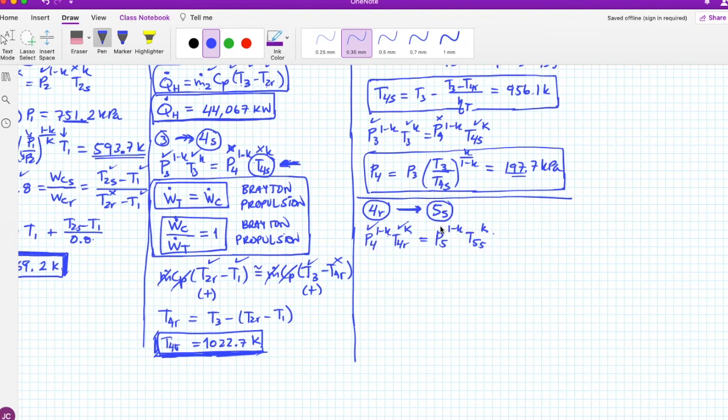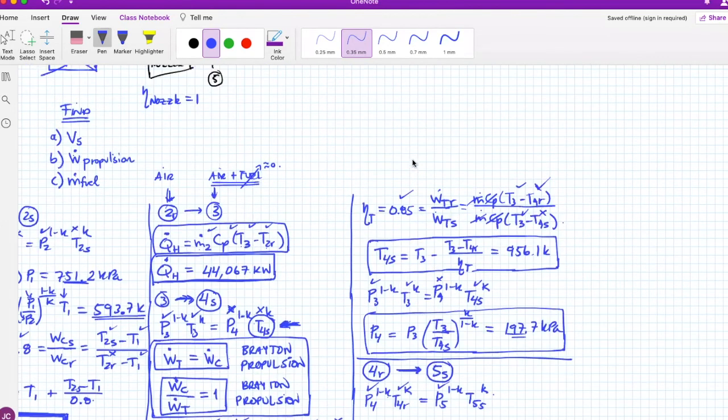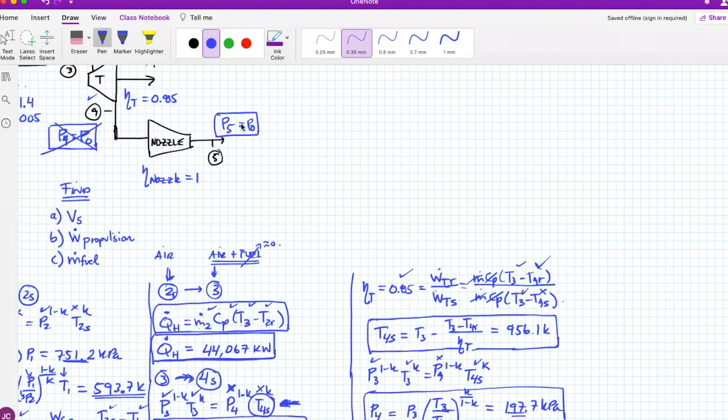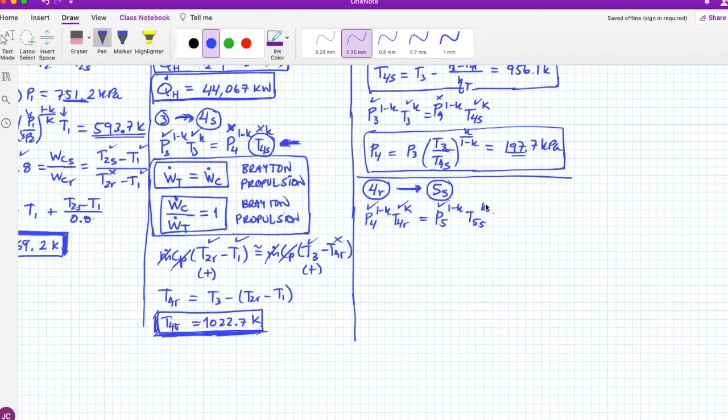P5, you have it. How do you know that? Well, nobody has actually told you this, but P5 equals P0, because the nozzle delivers the air plus the fuel into the atmosphere. Therefore, it needs to have the pressure of the atmosphere. But you don't have the isentropic temperature.